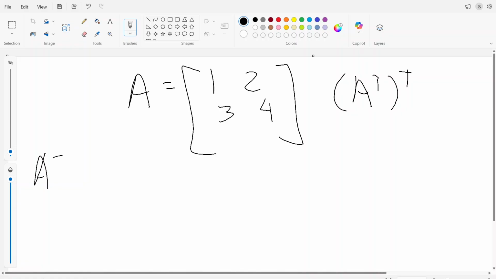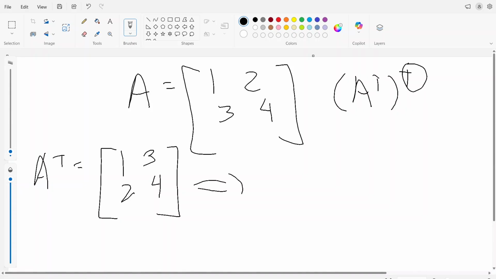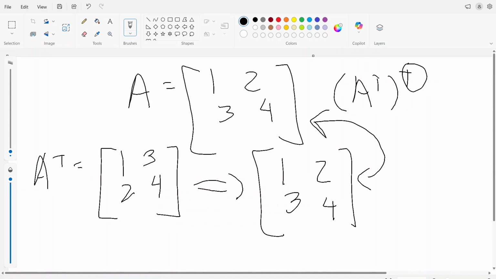Our first transpose will be Aᵀ equals [1, 3; 2, 4], as you've seen. And then we have to transpose again. It's a double transpose, so the rows become columns again. Our answer is just back to [1, 2; 3, 4], which is exactly the same as the original matrix.